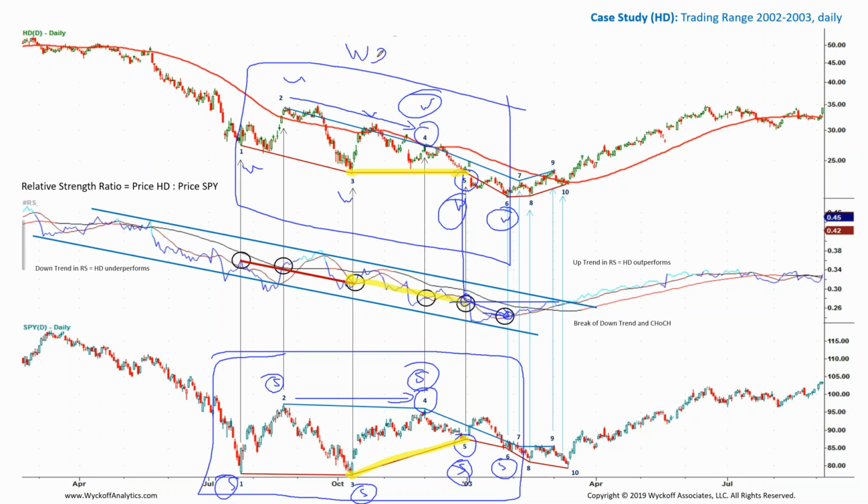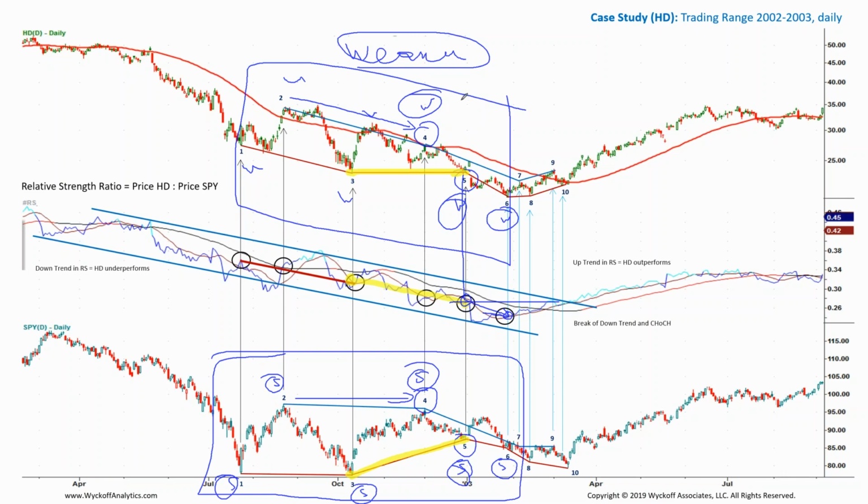So if the stock is weaker, Adam, what do you think institutions are doing here? Are they in this position? Are they aggressively buying? Well, since it's a daily chart, I'm not seeing any candlesticks that would give me an indication that they're buying.